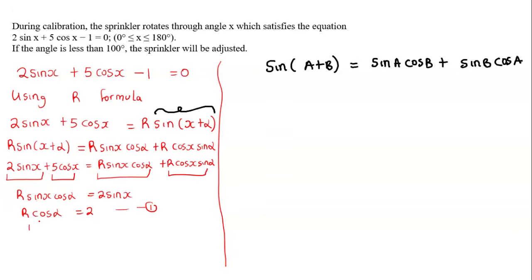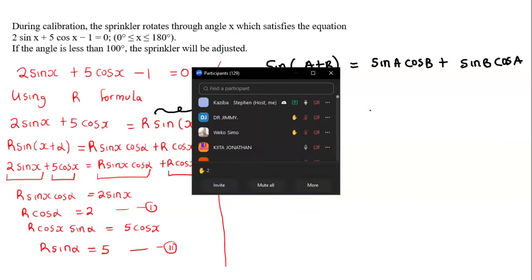You are comparing your r cos of x sine of alpha equals 5 cos of x. So here when you compare, you have r sine of alpha equals 5. This is your second equation. Now those two things are very important when you are coming up with your r formula.